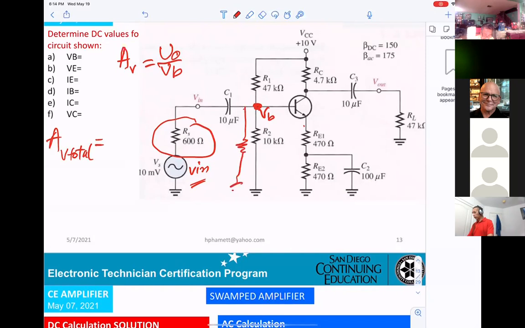Whatever resistance here, like G in base. Then you have to do a voltage divider. Take the gain here, times that one, divided by the total here, in order to get the total gain.